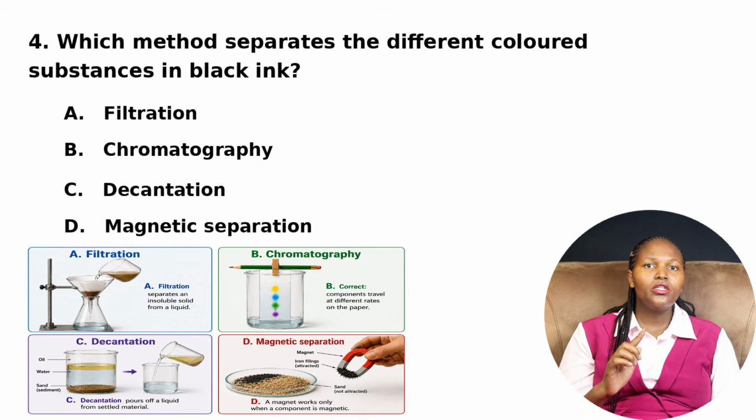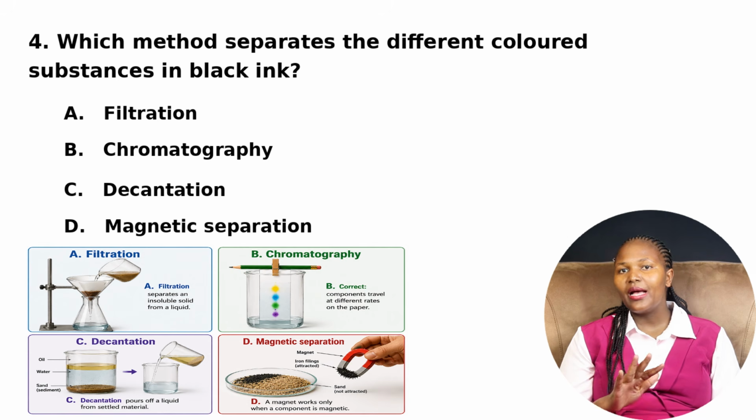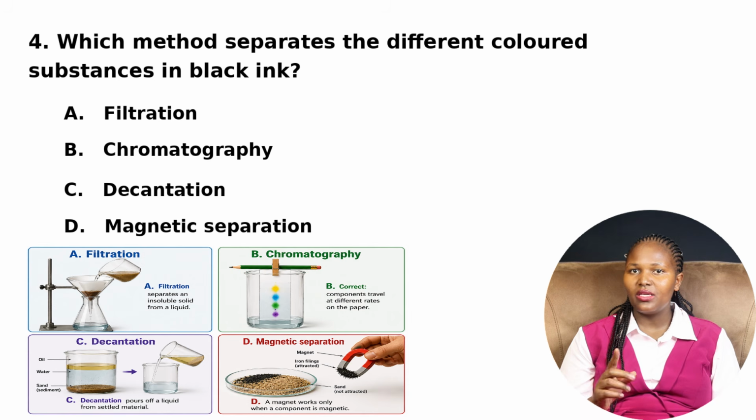So you need to choose a method from a difference in physical property, like particle size, solubility, boiling point. When it comes to separation of materials, this is what we look at. Sometimes it is about the boiling point, sometimes it is about movement through a medium, like in this case.